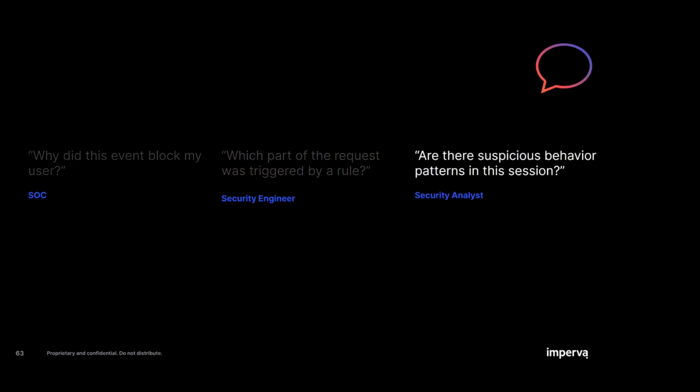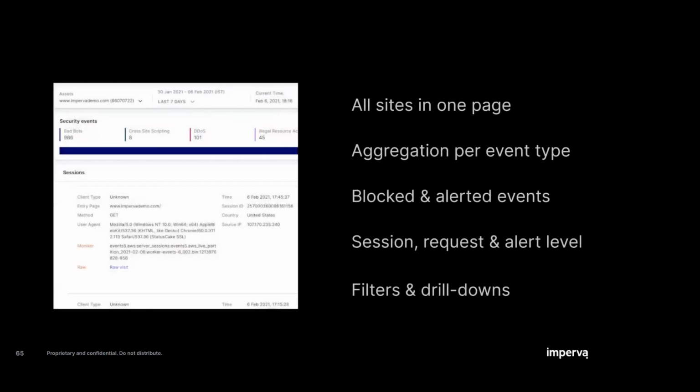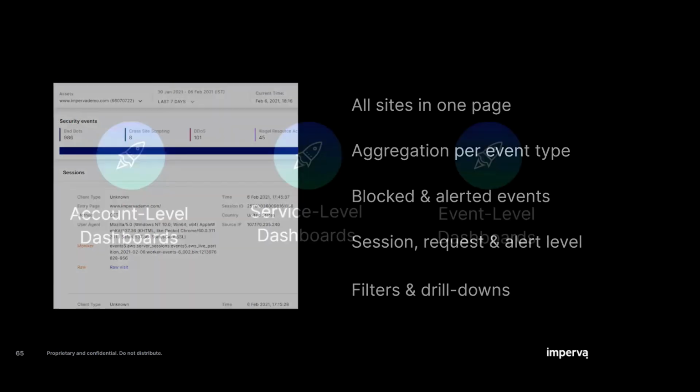And additional questions that go deeply into the session and request level so that you can analyze it. The new events page, event dashboard, gives intelligent analysis with insights and includes all sites in one page, aggregation per event type, blocked and alerted events, session, request and alert level, filters and drill downs, and additional features.